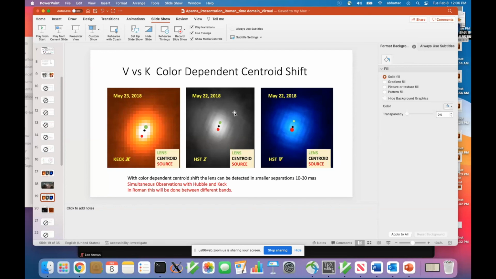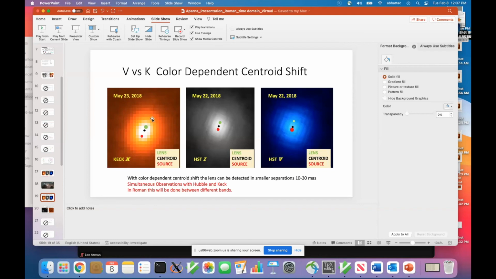So in a case like this, there's the V versus K color-dependent centroid shift. A lot of times we notice that the source in the background versus the lens in the foreground differ because of dust and everything, but the lens is actually much redder than the source a lot of times, not always.